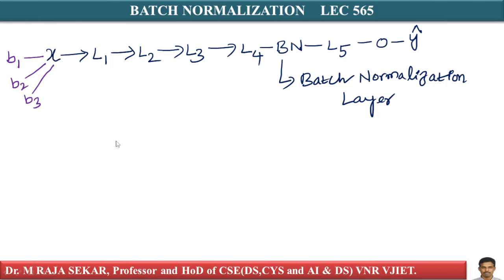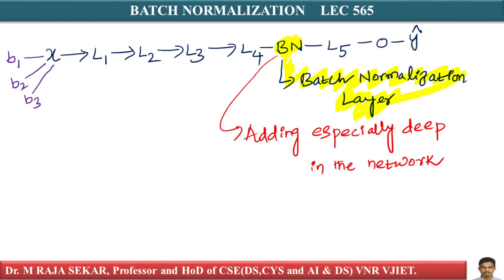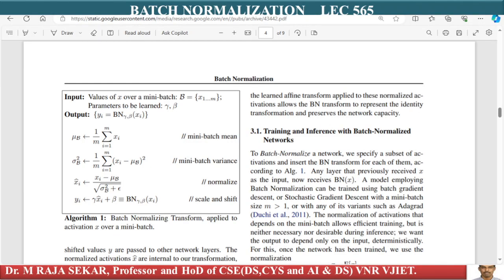That is important. We can train better. In the description section, I will give a link to the original research paper from 2015, which explains how batch normalization should be done.